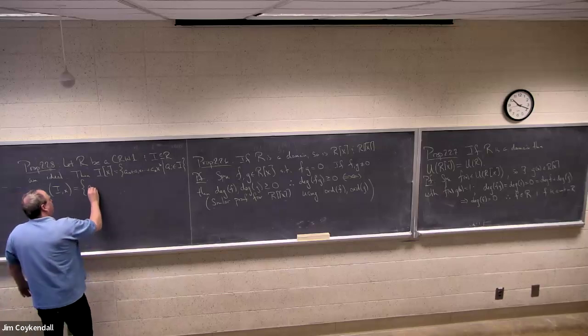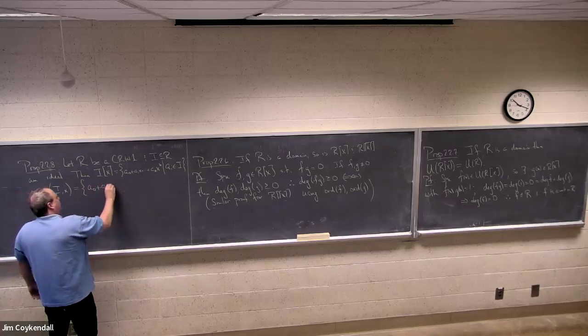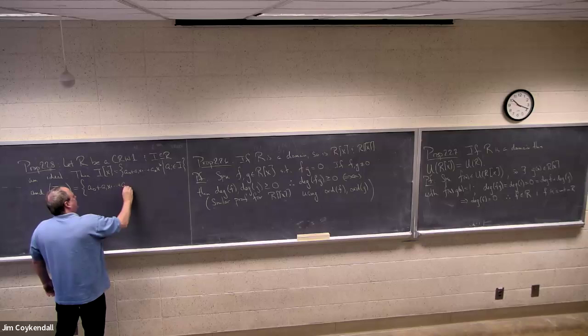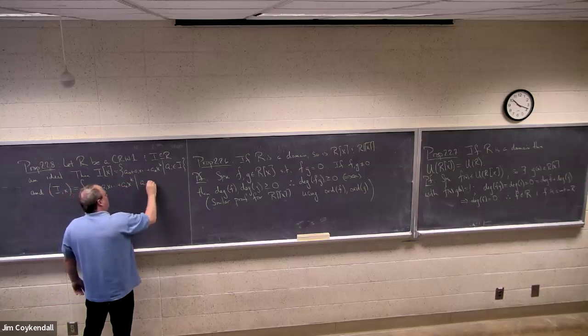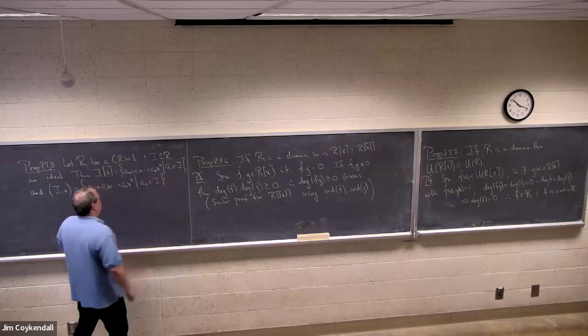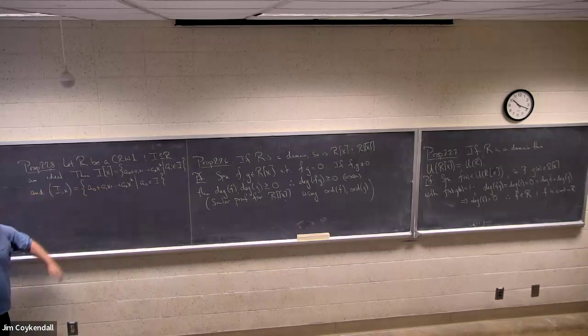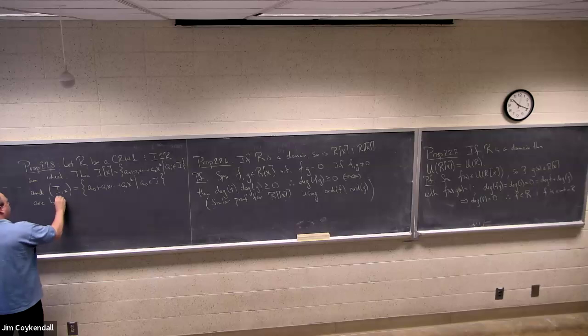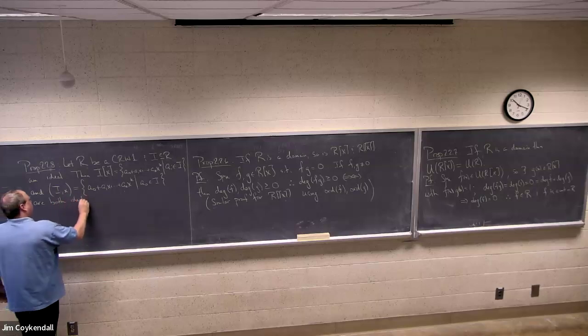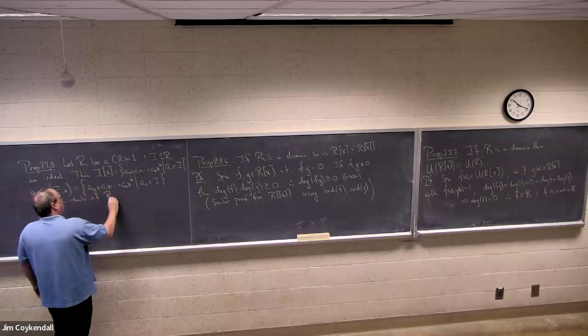This is the set of polynomials such that a0 is in I and everybody else has complete freedom. These are both ideals of R[x].